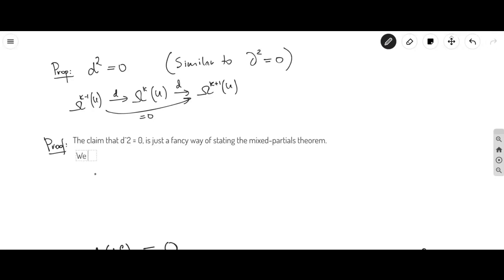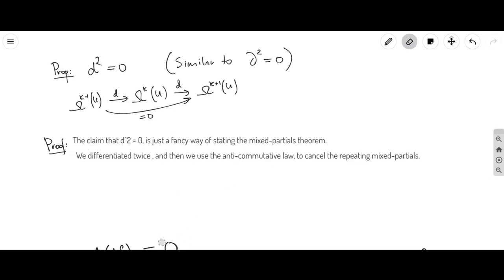We differentiate twice because of the d squared, and then we use the anti-commutative law to cancel the repeating mixed partials. That's basically what it comes down to.